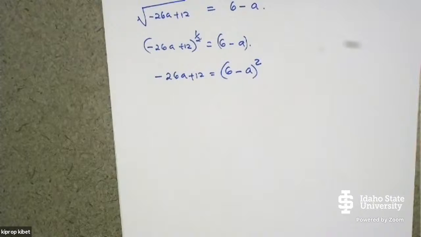If we still remember, (a minus b) squared equals a squared minus 2ab plus b squared.